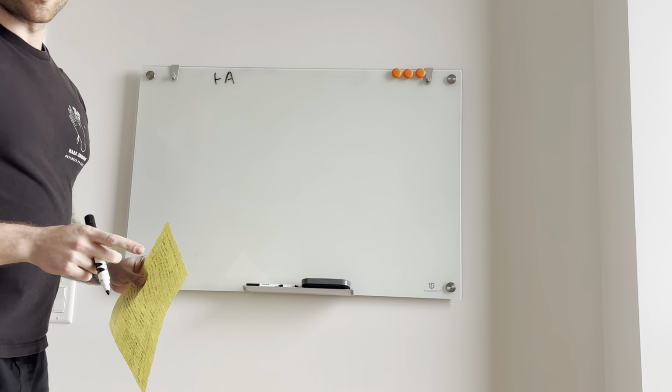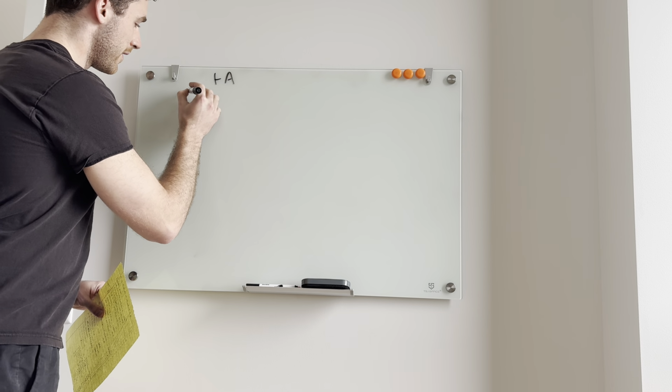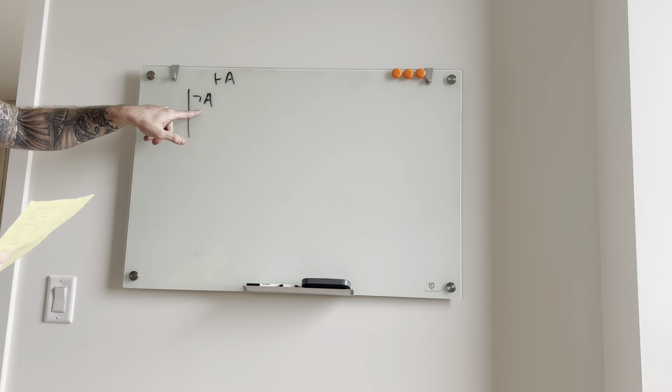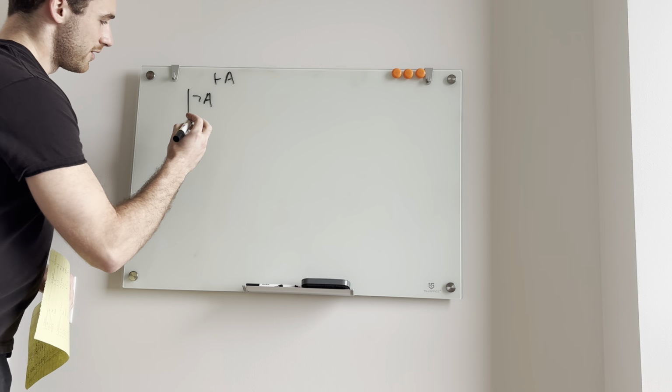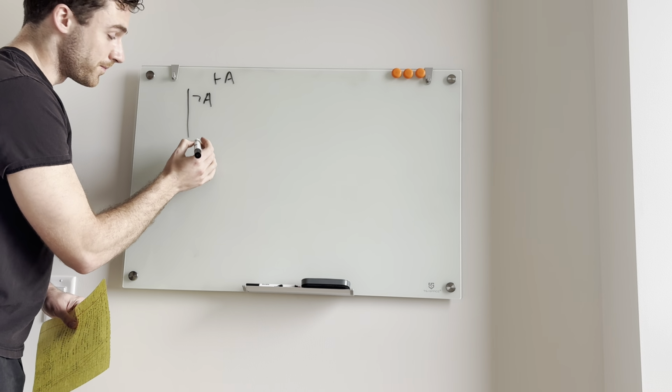But there's another way to prove the sentence A. And how you do that is you can assume the opposite of A. You can assume the negation of A. And notice there's another subproof running here because I'm making an assumption, right?